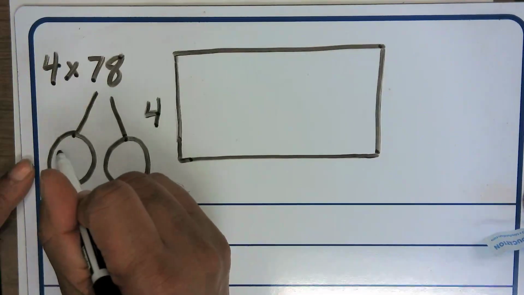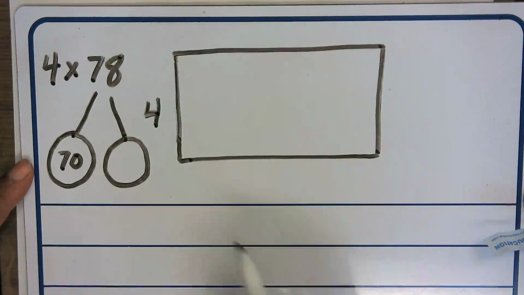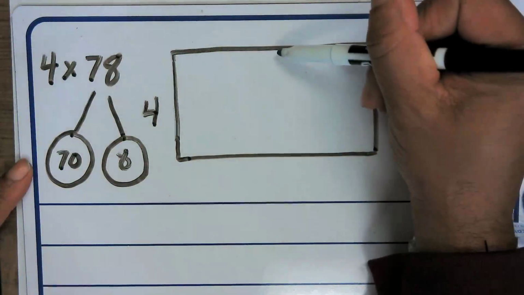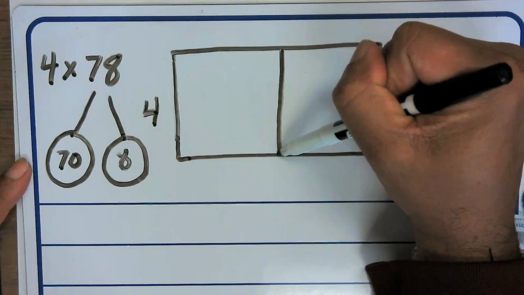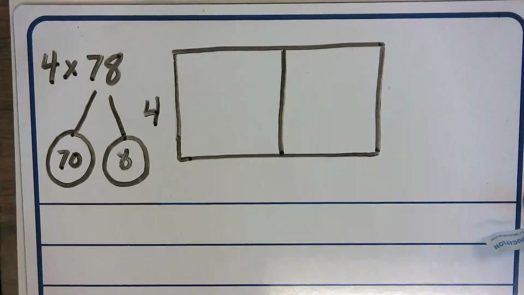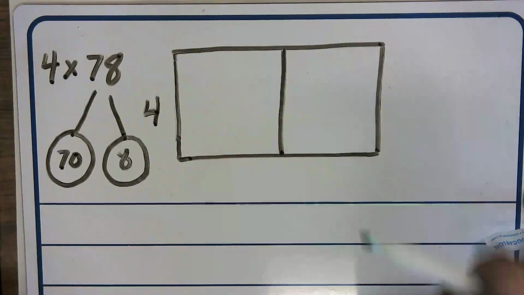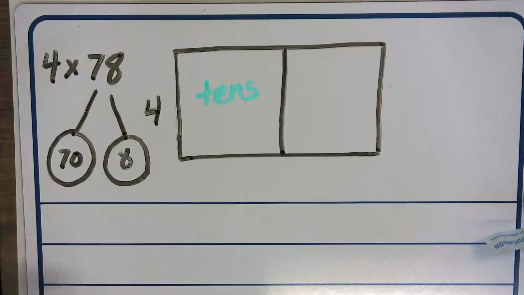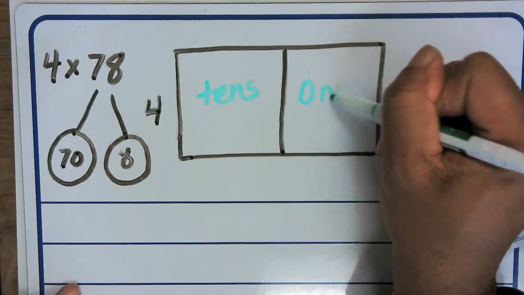7 tens, 8 ones. This lets you know how many parts are in your area model. This area is for tens, and this area is for ones.